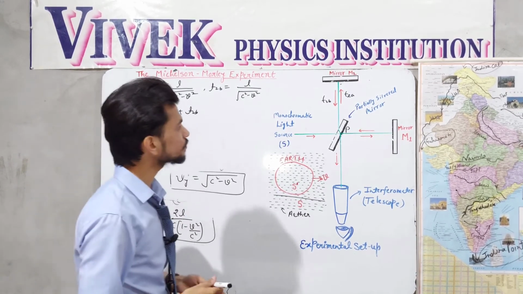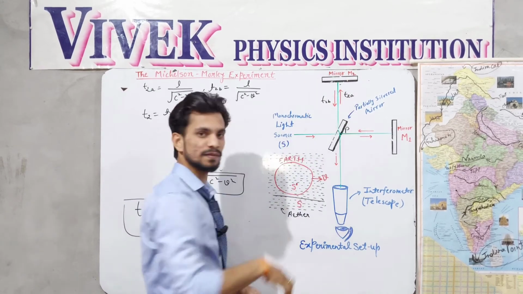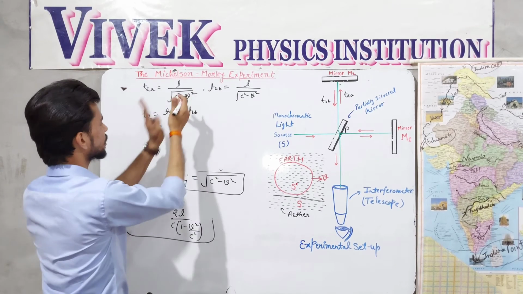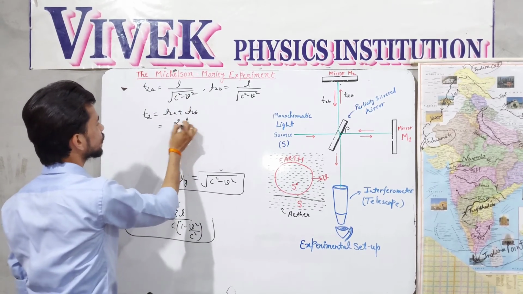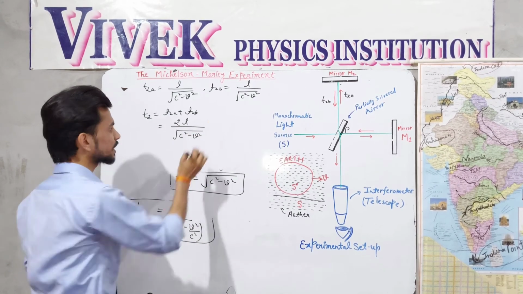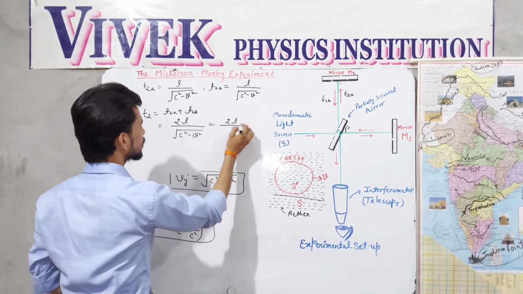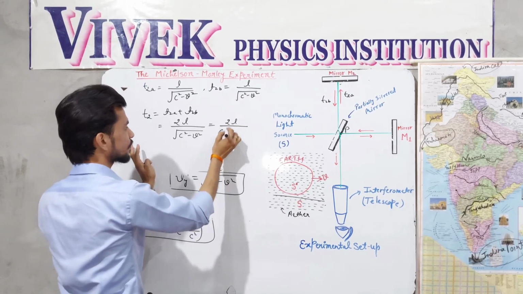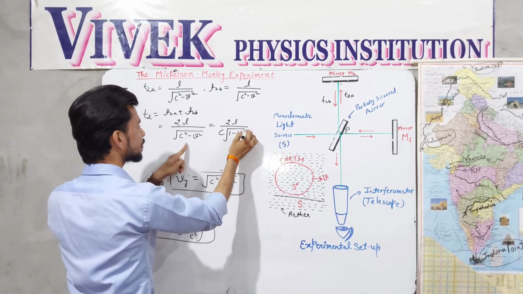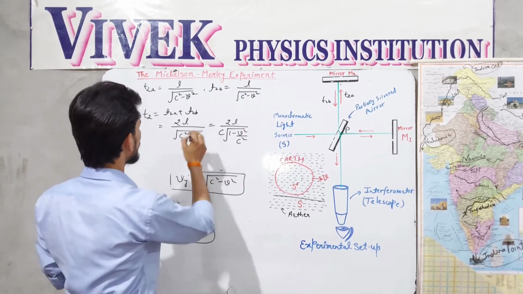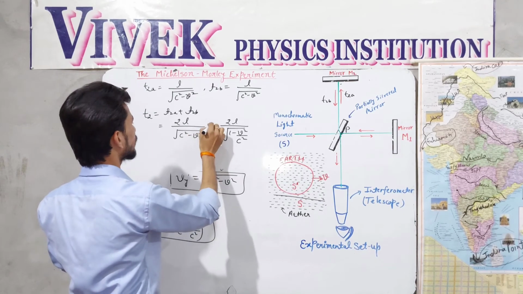This is the total time for this y-axis ray. With these two added, that will be 2L over under root c square minus v square. For convenience, I can take c square common from this square root, which comes out as c, and that leaves 1 minus v square over c square here. Okay, so these are the times we have up till now.